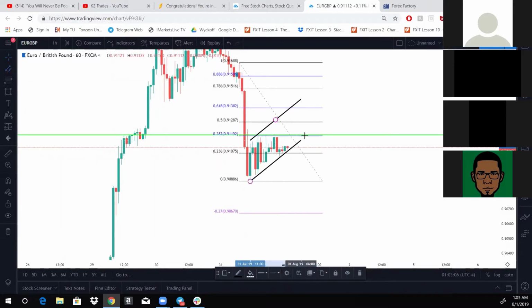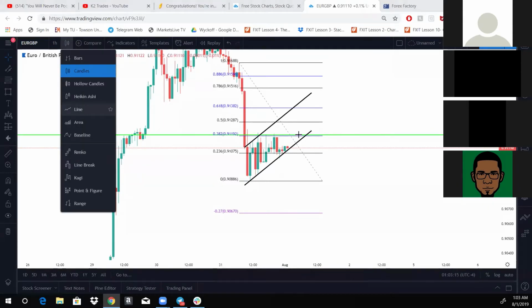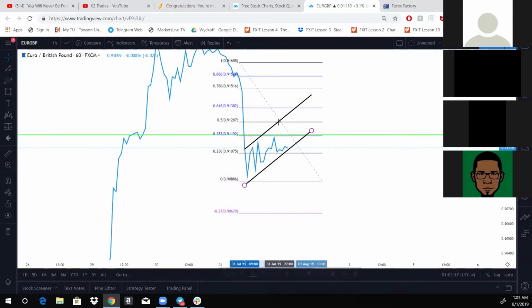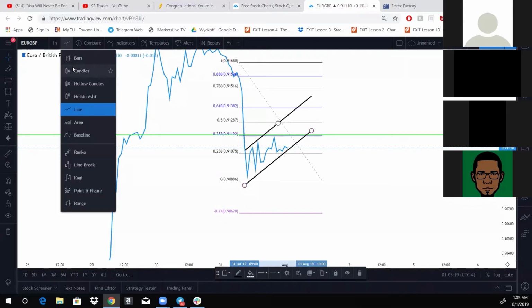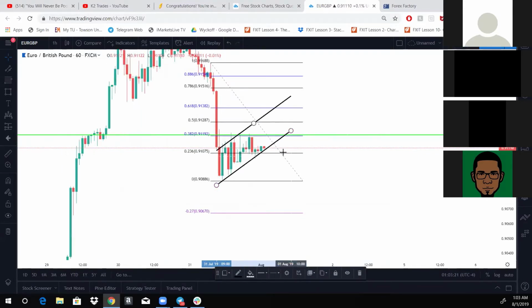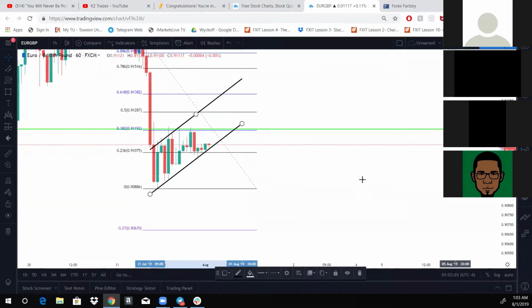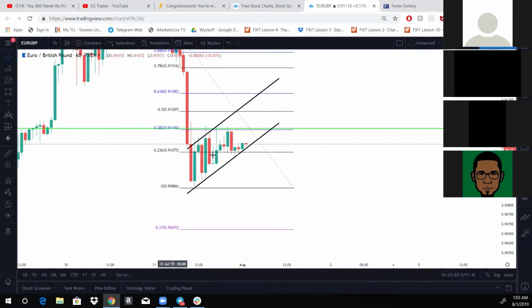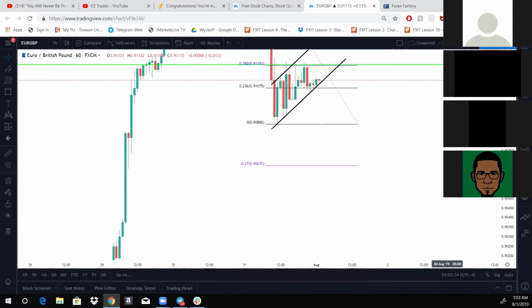Something you can definitely watch for is this breakout. If somebody wants to get in, I would put a sell stop at 0.91 even. Once this breaks, it should keep coming back down.